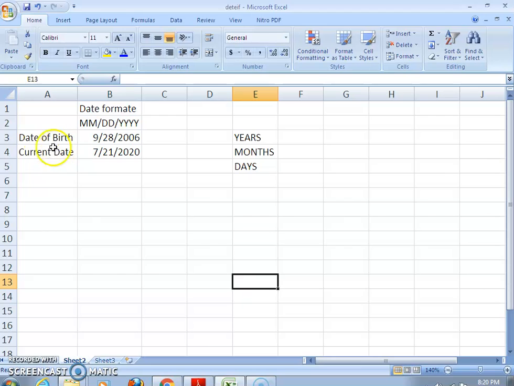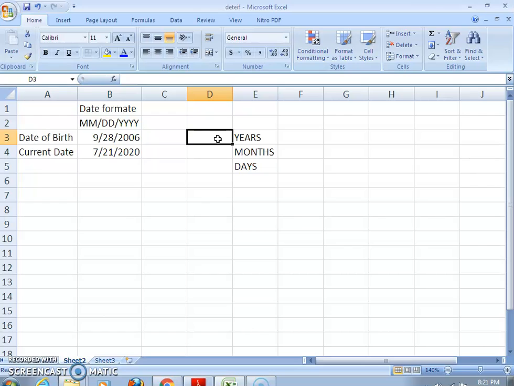So here I have used the date of birth in this format, 9/28/2006, and the current date is July 21st, 2020. Here we will be calculating how many years passed between these two dates.